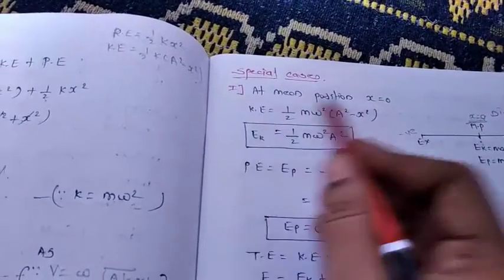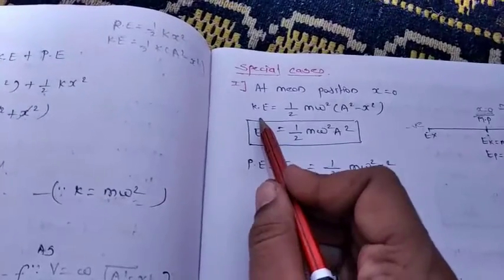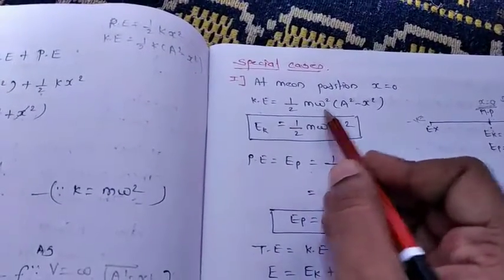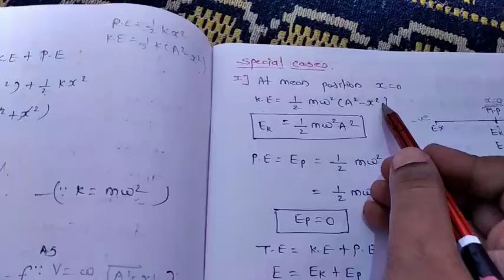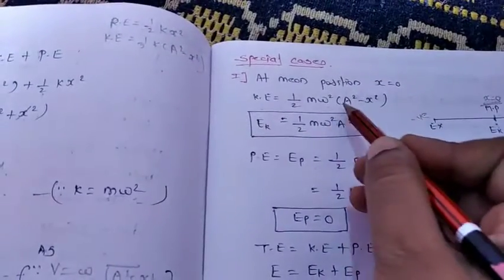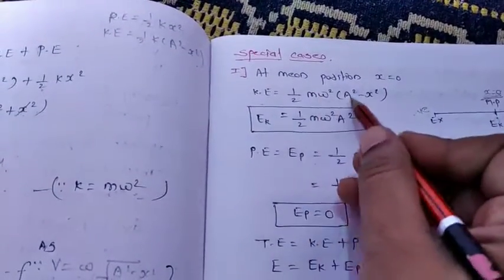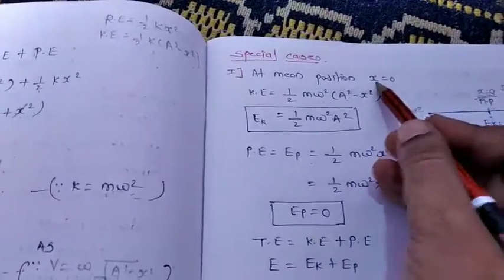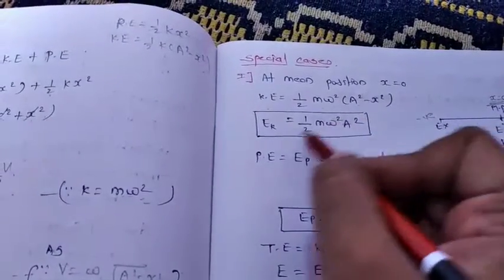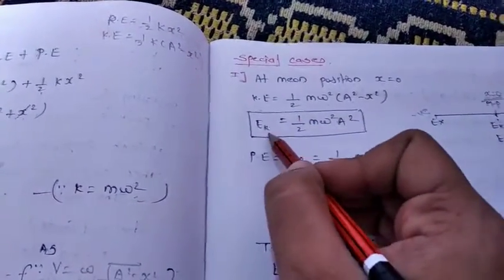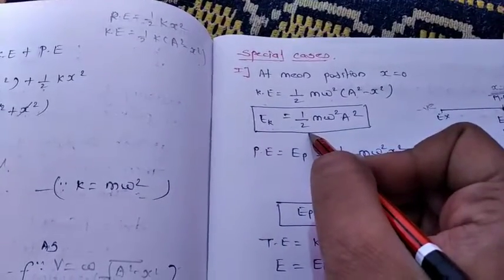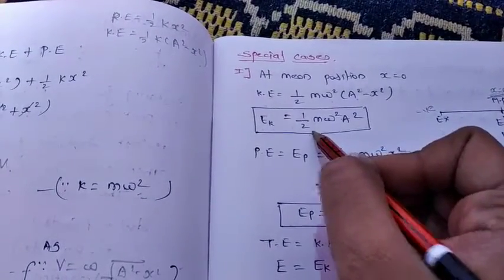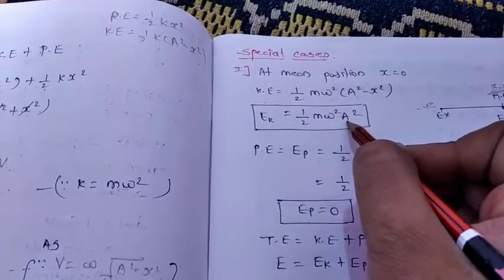As we know, the kinetic energy is equal to 1/2 m omega square (a square minus x square). We derived this formula earlier. Here put x is equal to 0, then we get the formula for kinetic energy, that is Ek is equal to 1/2 m omega square a square.